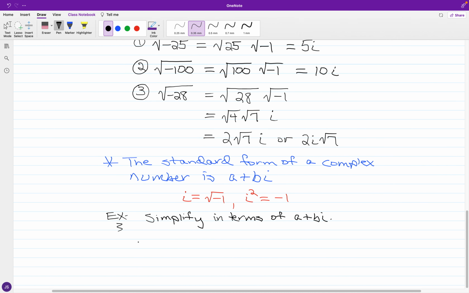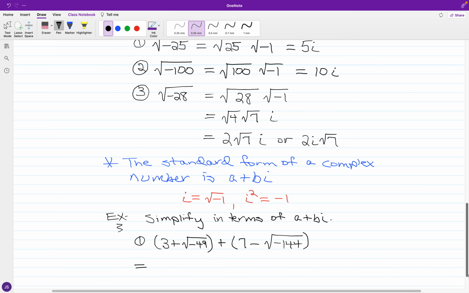and we'll say we have, first of all, 3 plus the square root of -49, and we have plus 7 minus the square root of -144.